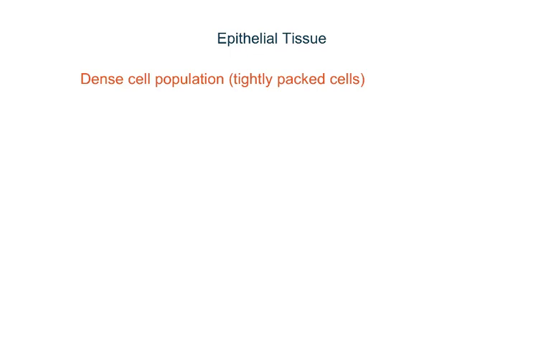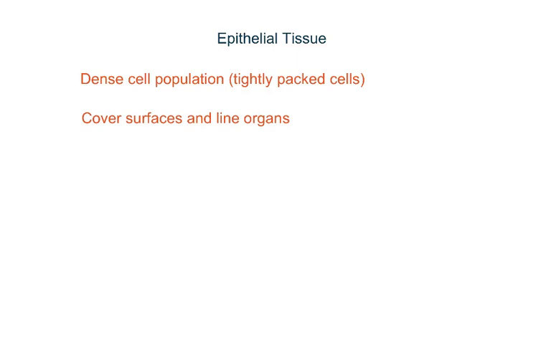If you look at a cell as being like a house, this would be apartments, right? These are right up on top of each other. There's no space in between them. The purpose of epithelial tissue is to cover surfaces and line organs.